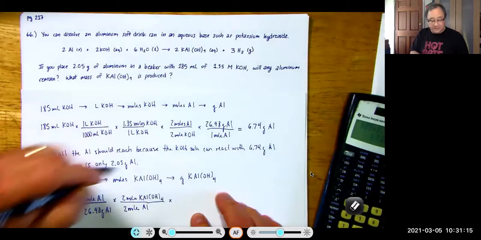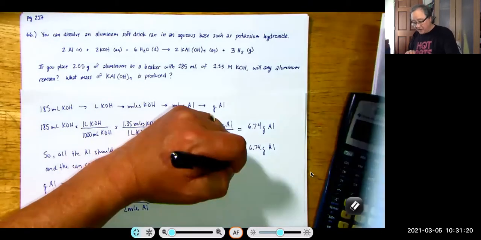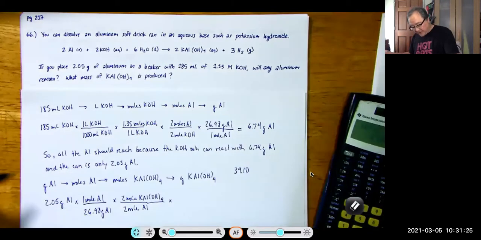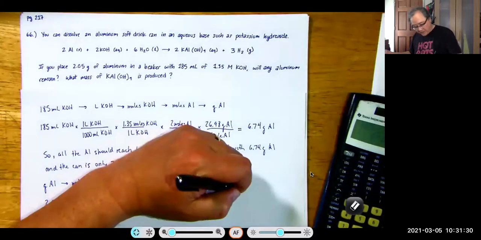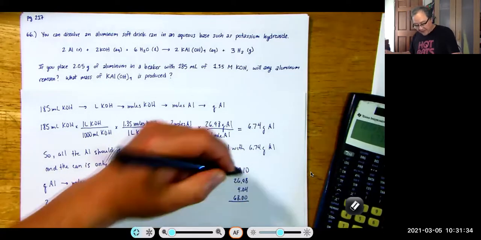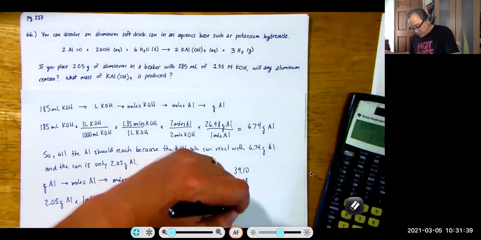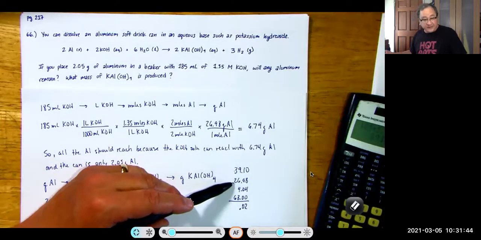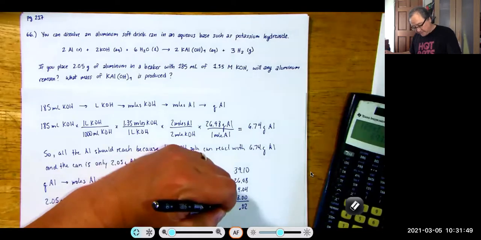And then the molar mass of potassium aluminum hydroxide, well, potassium is 39.10. Aluminum is 26.98. 4 hydrogens is 4.04, and 4 oxygens is 64. So when we add these all together, the 98 and the 4 is going to become 0.2. That becomes 40 then. And then 66, 70, 138, if I did it right.